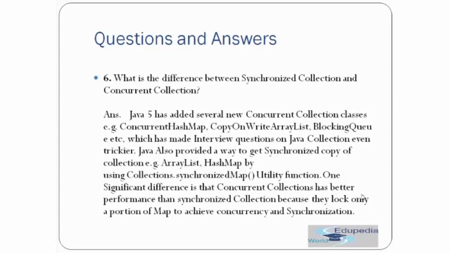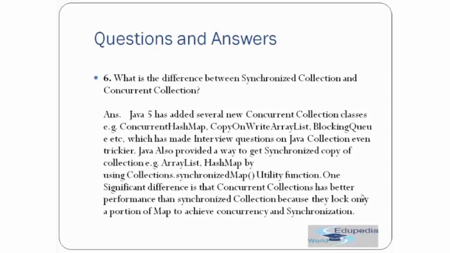Now, what is the difference between a synchronized collection and a concurrent collection? Java 5 added several new concurrent collection classes, for example ConcurrentHashMap, CopyOnWriteArrayList, BlockingQueue, etc., which has led to several interview questions, because different questions can be asked on different types of collections.